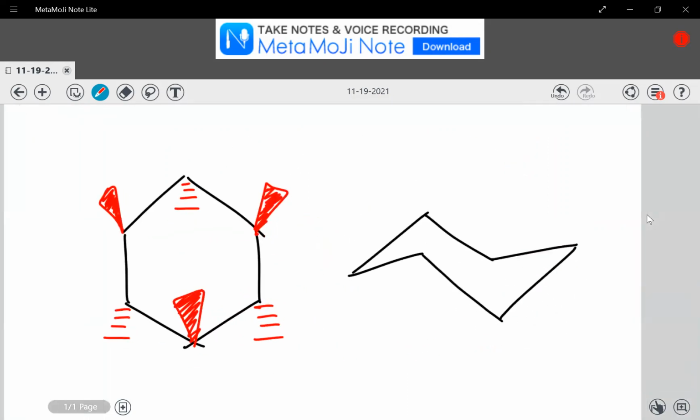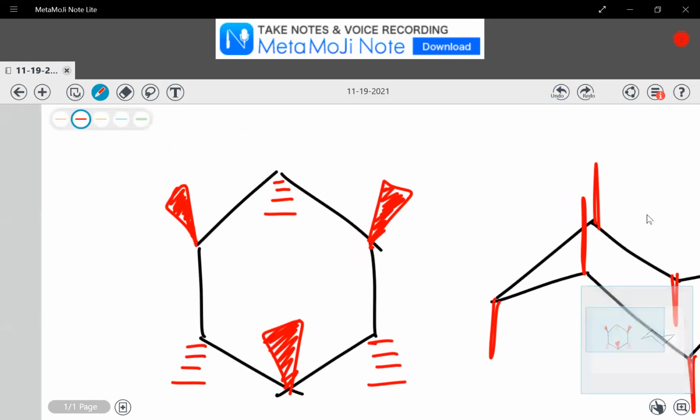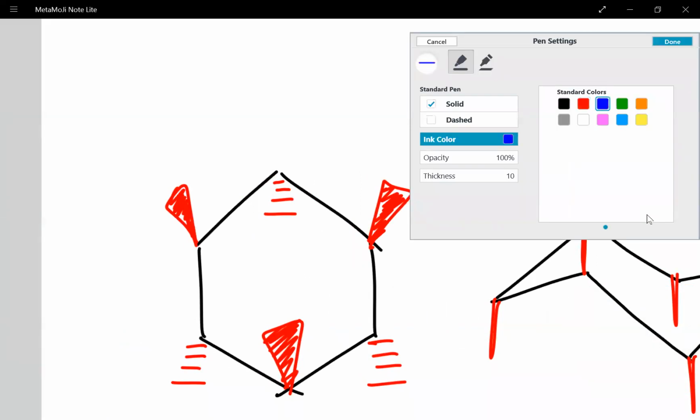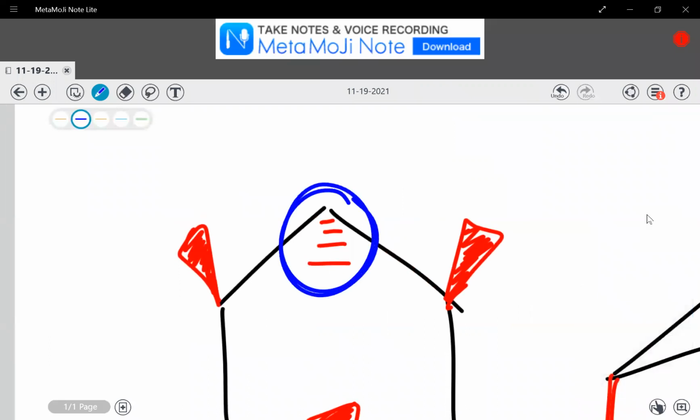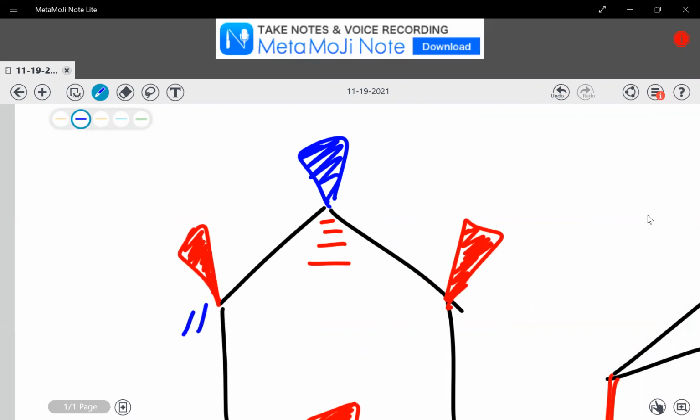That's towards you, behind, towards, behind, towards, behind. Towards you, behind, behind, towards, behind, behind. Like that. And then the equatorials, which I'm going to draw in blue, follow a similar pattern, but they're the opposite of the axials. By that, I mean wherever the axials are behind, the equatorials will be facing towards you. If the axials are facing towards you, the equatorials are facing behind.